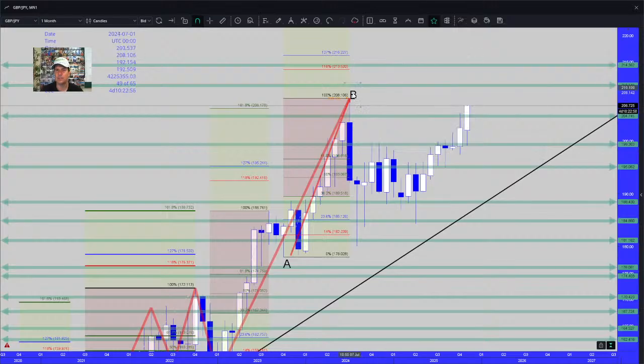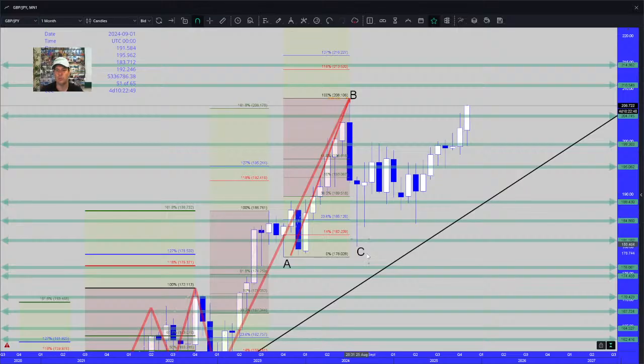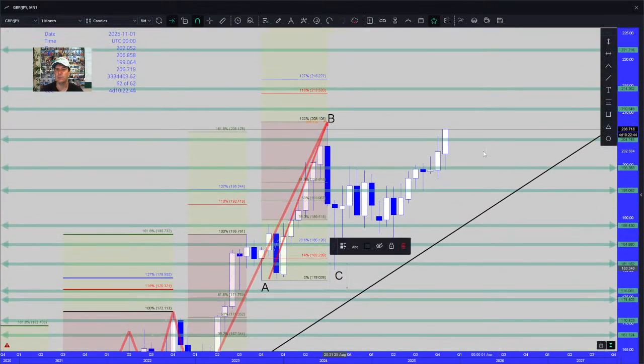And of course down here, that's the C, right? The C is the lowest point inside the AB boundary after the B, before the market hits the property extension ABC, and red goes to red.